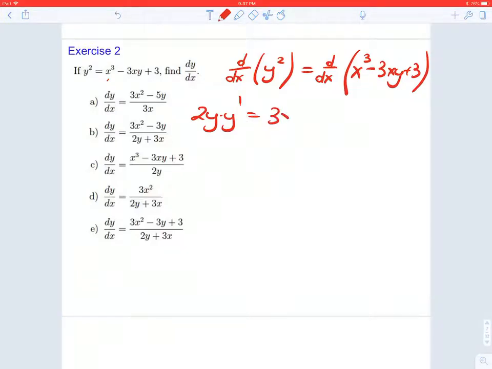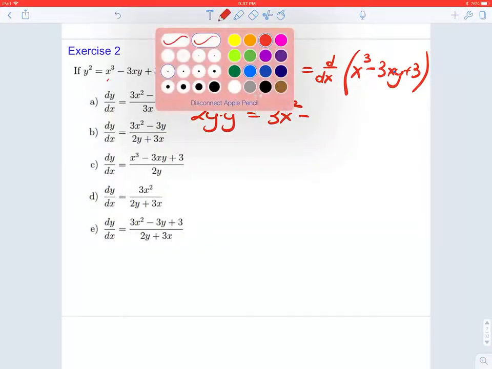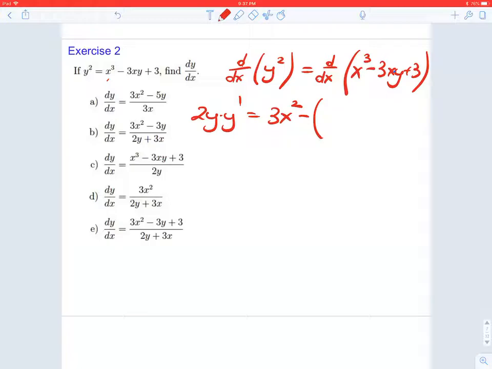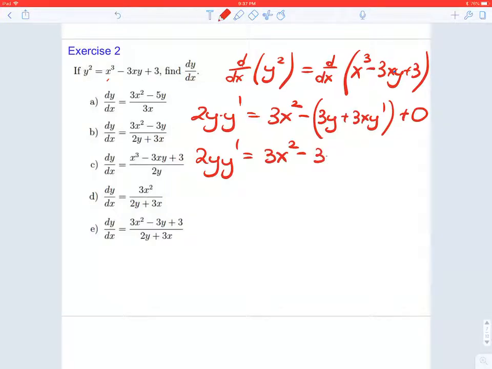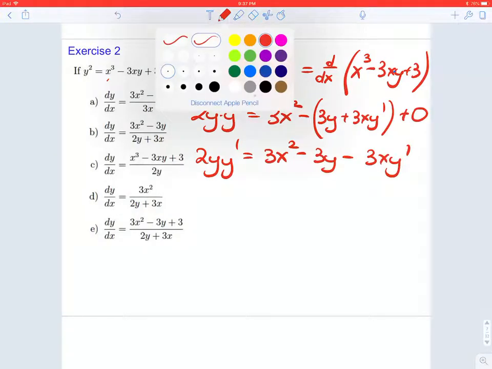The derivative of x cubed is 3x squared minus, and now again we do have a product. The derivative of 3x is 3 times y plus 3x times the derivative of y, and the derivative of 3 is 0. So 2y y prime equals 3x squared minus 3y minus 3x y prime.